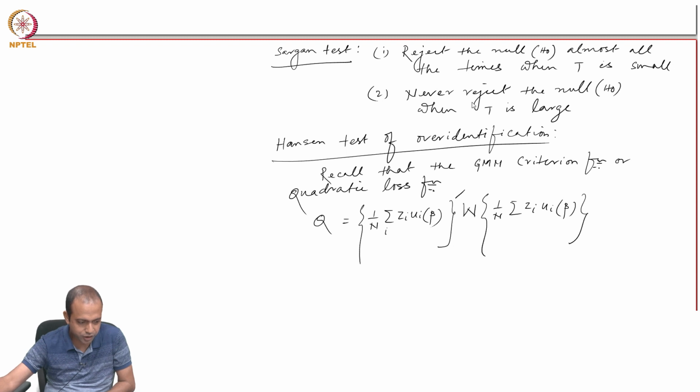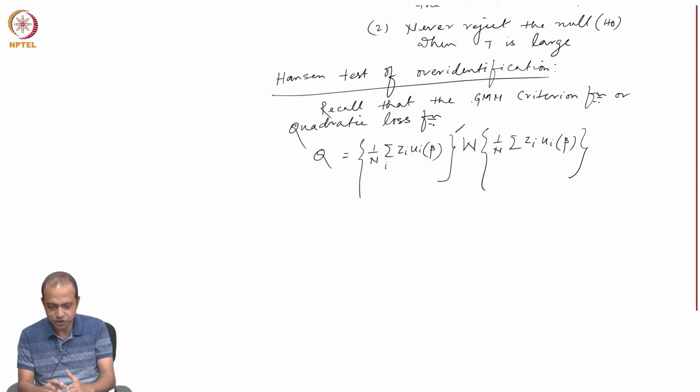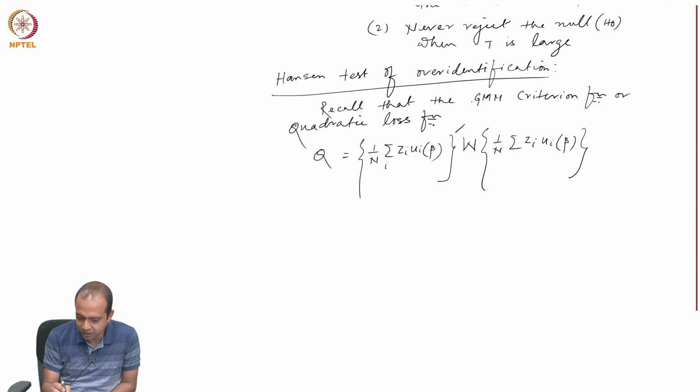So, this is the quadratic loss function. Basically the Hansen test depends on this quadratic loss function. If you go back, you can see this quadratic loss function. Instead of u_i, what we have defined earlier, y_i minus x_i b. Here also y_i minus x_i b, that transpose, and W is basically that L by L weight matrix.